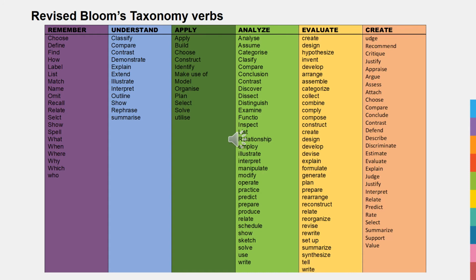Now, to make it a little bit easier, I have tabulated the different verbs you can use to start your questions with. So, for example, match column A, column B. Choose the correct answer.